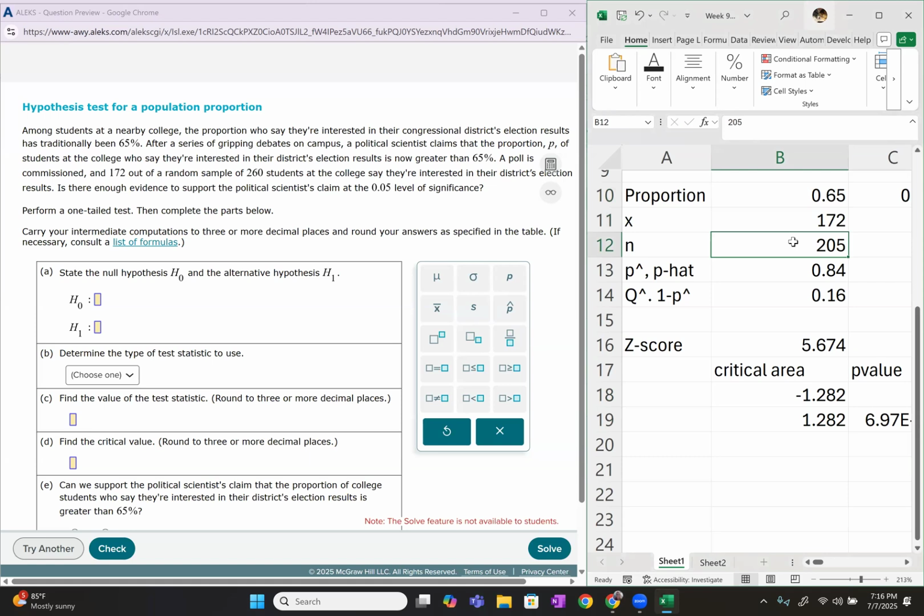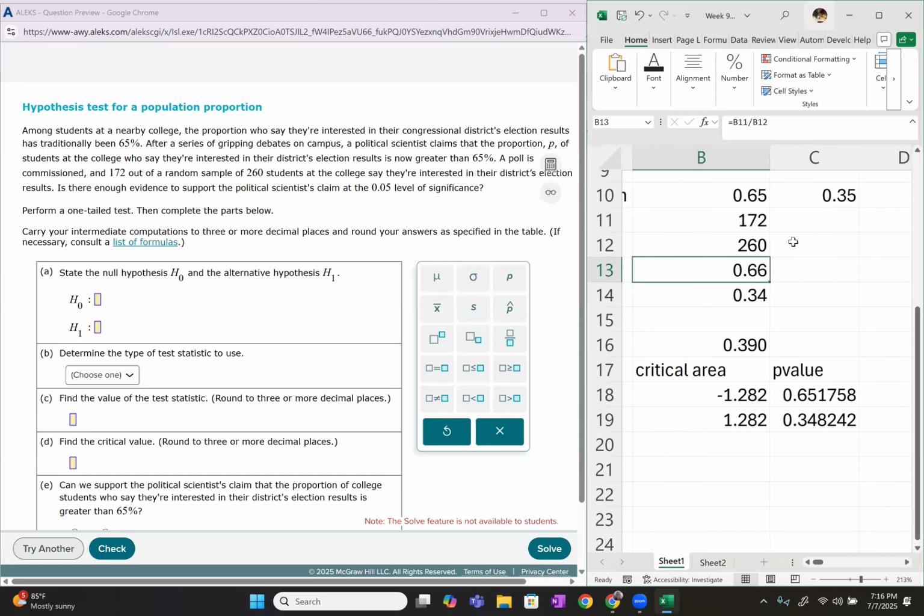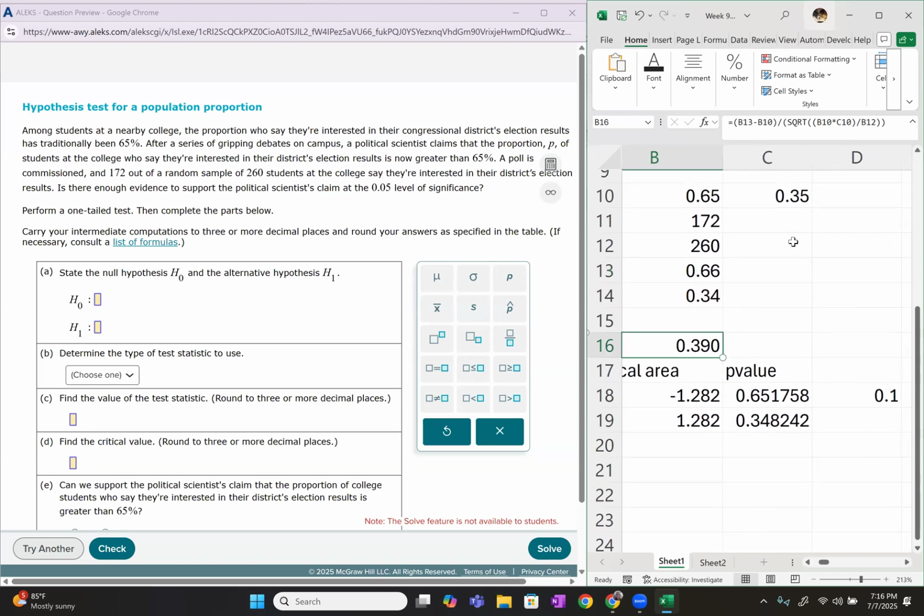Yes. And that comes to, as a fraction, 0.66. The complement of 0.66 is 0.34. The z statistic is right here. You have the p hat, you have the q hat, which is right here, highlighted for you at the 0.35.